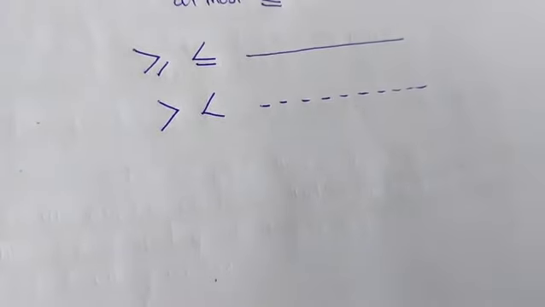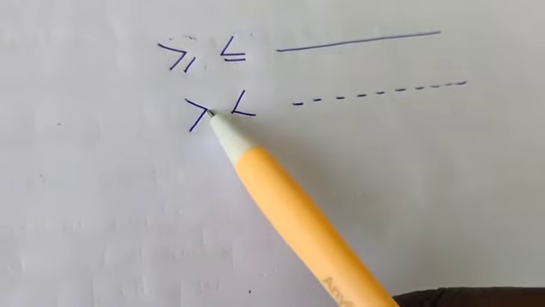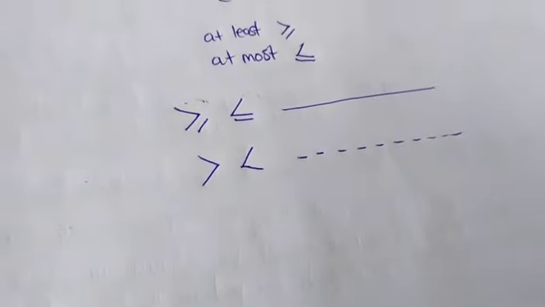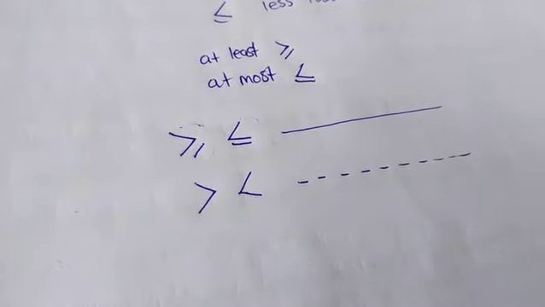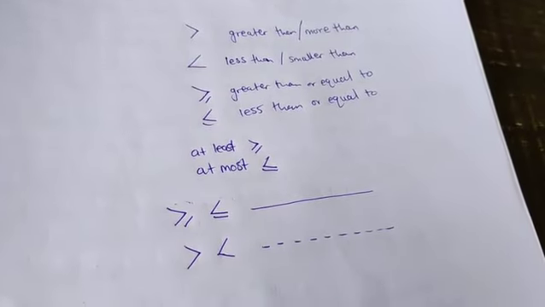So these signs give a solid line, and these signs give a broken line. Right? So this is the most important part that you are supposed to know for linear programming.